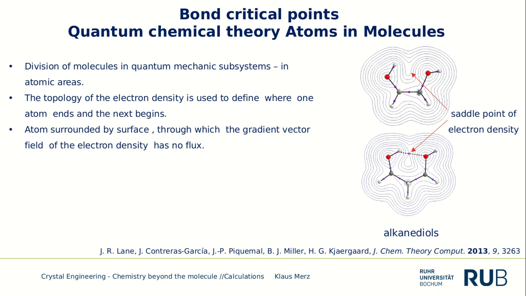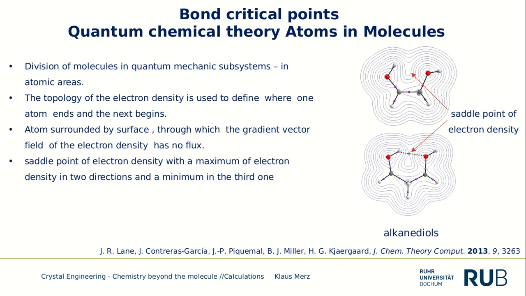This is important. There is no flux. When we look at the saddle point here, is there electron density at the saddle point or not? In this case there is no electron density, and in this case we have electron density. Where we have electron density, we have a hydrogen bond or intermolecular interaction, in contrast to this other example. And if you have an intermolecular interaction, we say we have a critical point.